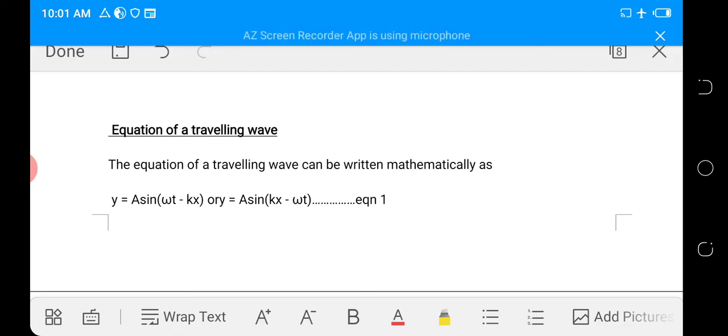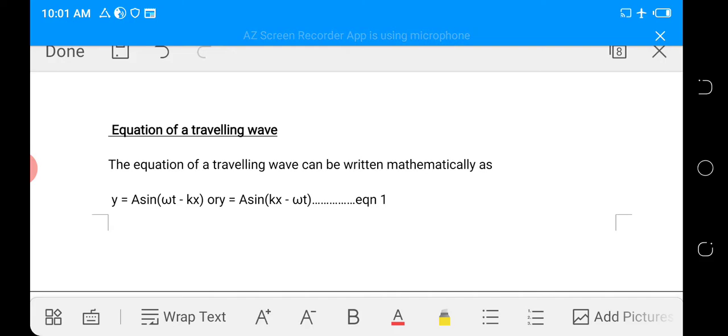Then there are some parameters we need to talk about in the equation. y stands for the displacement of the wave along the vertical direction. A is the amplitude of the wave, which is the maximum upward or downward displacement of the wave from the equilibrium position.